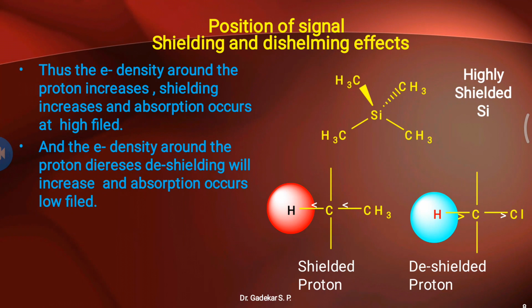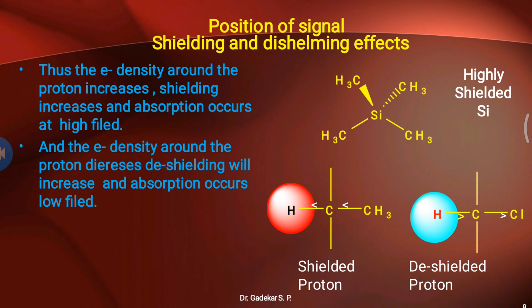In the next example, the red colored hydrogens are more shielded protons. Why? Because the methyl group donates electrons and they shield. That's why these red colored hydrogens are more shielded.